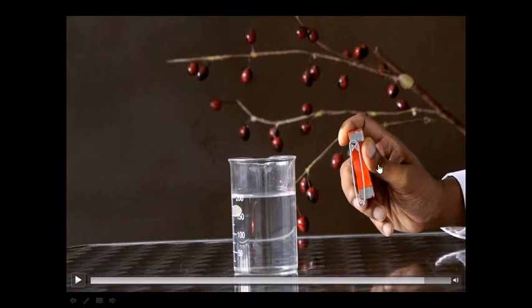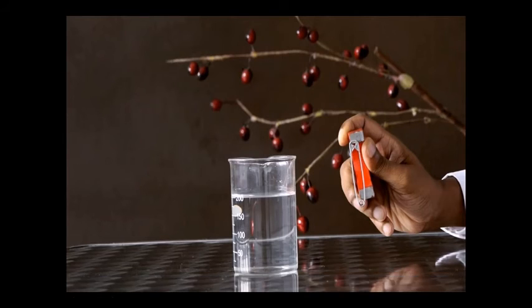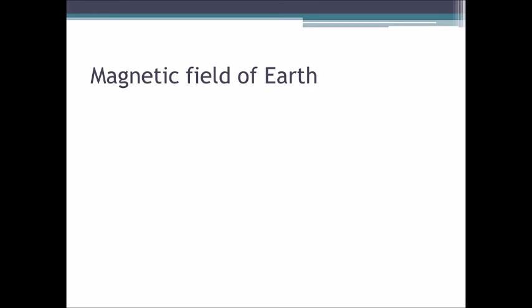As you saw here, the magnet can actually attract objects through water and through solids like this cup. So it attracts objects through air, water, and solids.